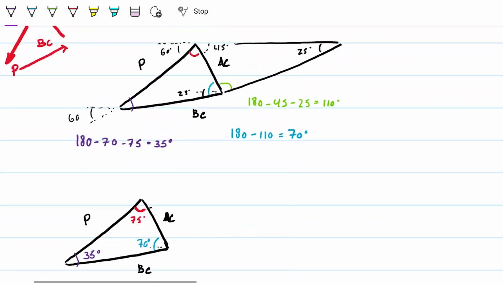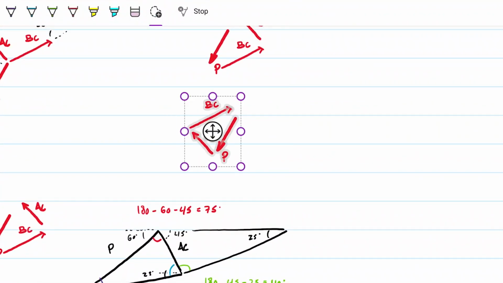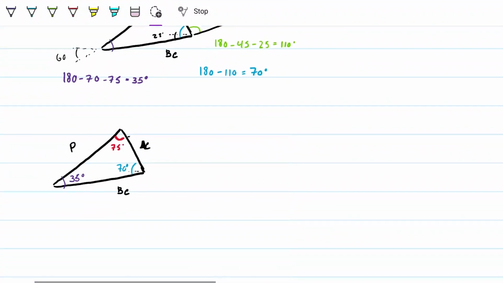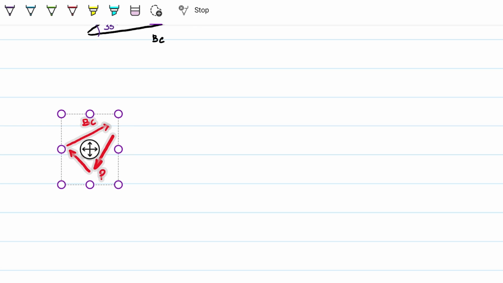So now let's go ahead and do the other one. This is the second one here. If we're doing the second one, I'm going to do exactly the same approach, no changes whatsoever. So I'm going to start by just drawing it better.